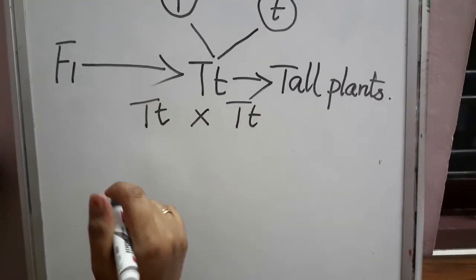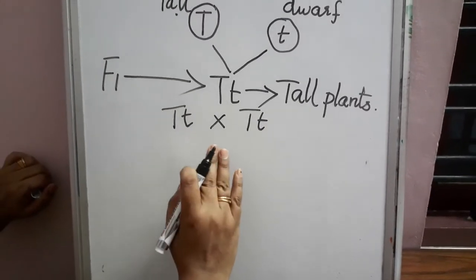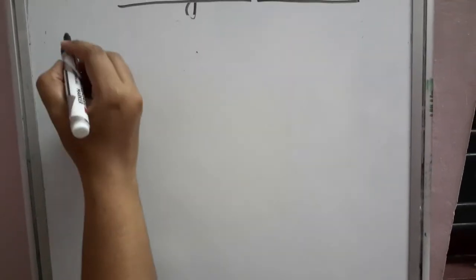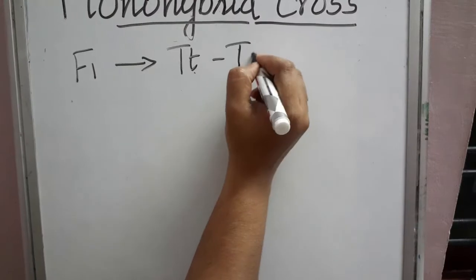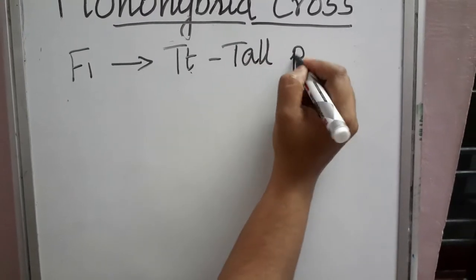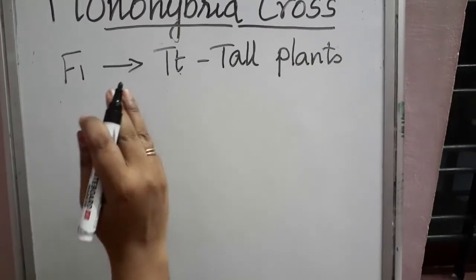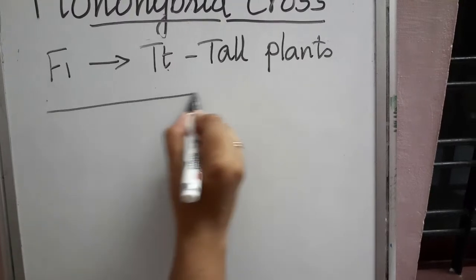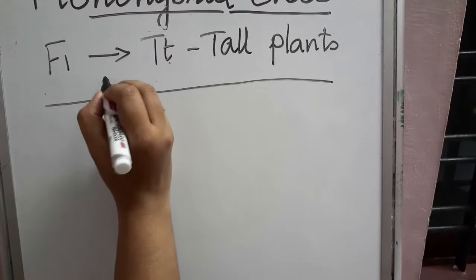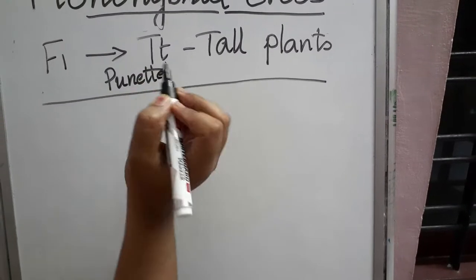This we can represent using a Punnett square, so I will show you. In the F1 generation he got all Tt tall plants, and he again did cross pollination, Tt crossed with Tt. How do we draw the Punnett square? Punnett, P-U-N-N-E-T-T, square.